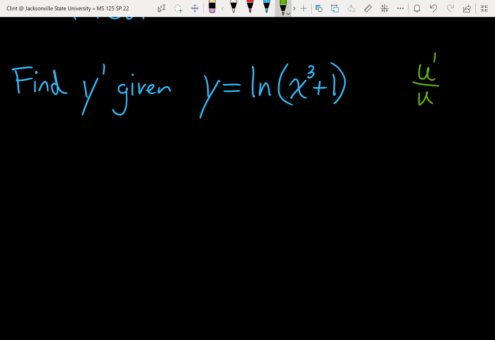That's 1 over u times u prime. So y prime here, we're going to get on the top u prime, the derivative of the inside part. What's that going to be? Yeah, 3x squared, just the derivative of x cubed plus 1. And then on the bottom, we just copy down x cubed plus 1.